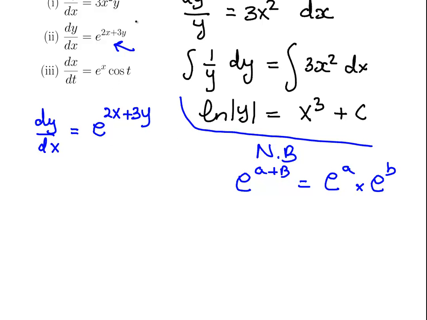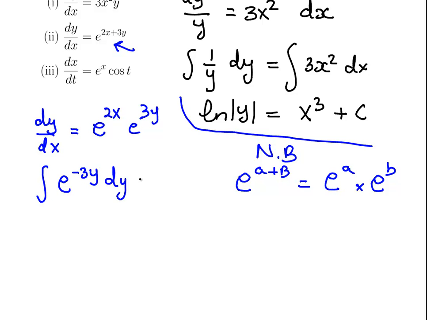So what we could do with this one is rewrite it as e to the 2x times e to the 3y. Now we can just rearrange the equation. For example, we can divide both sides by e to the 3y, which is essentially multiplying by e to the minus 3y.